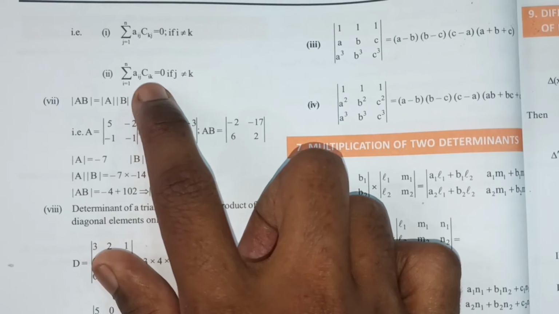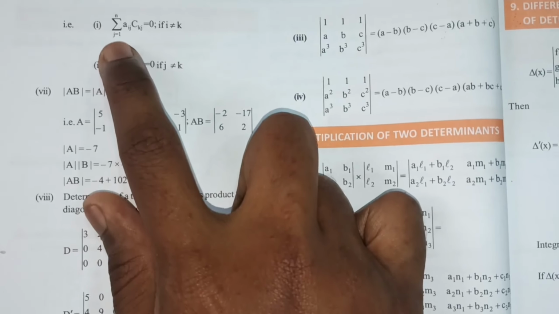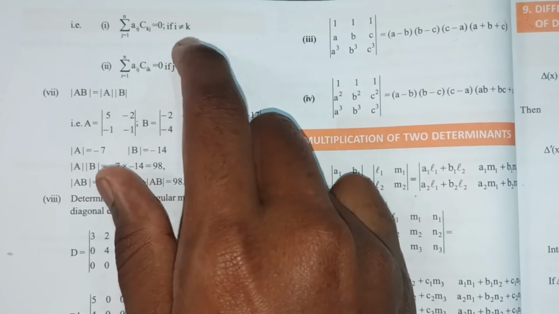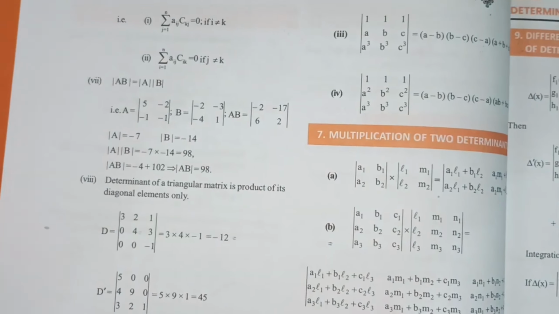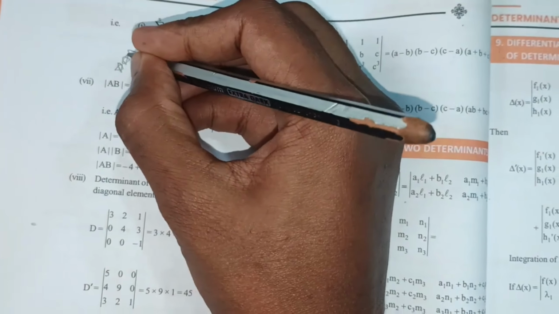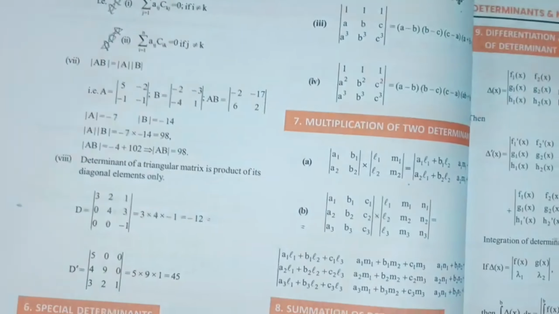So it is a common property of determinants. It is very important. Keep a star mark on it. It's very important for your JEE Mains and JEE Advanced, and also from the MHT CET point of view.